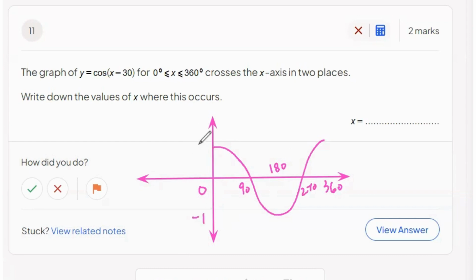This is negative 1, this is positive 1. Since it's y equals cos of x minus 30, that means it's a horizontal translation, and we're going 30 degrees to the right side.